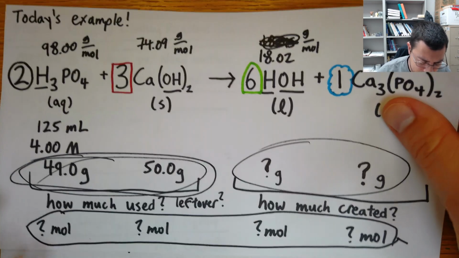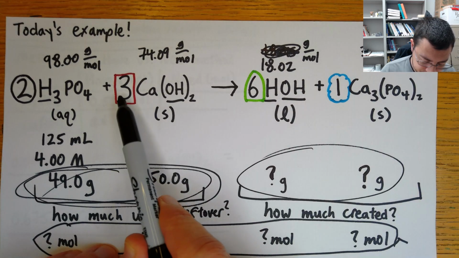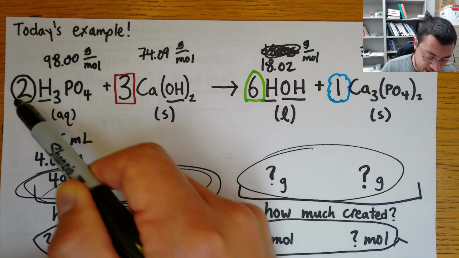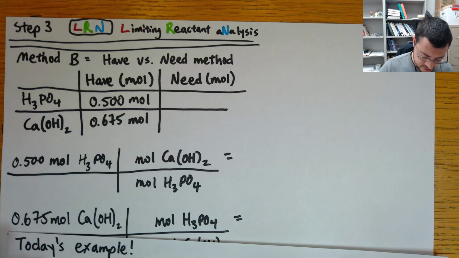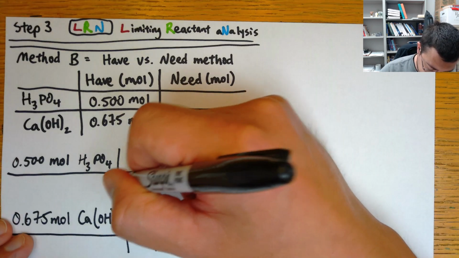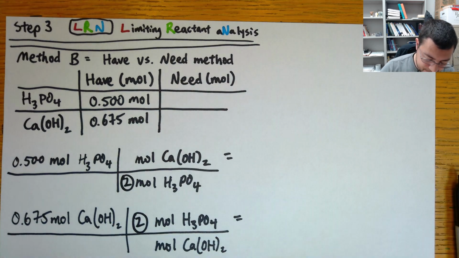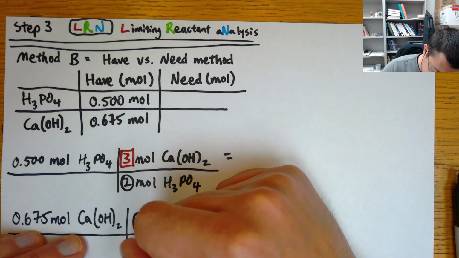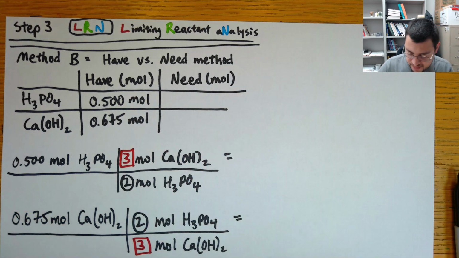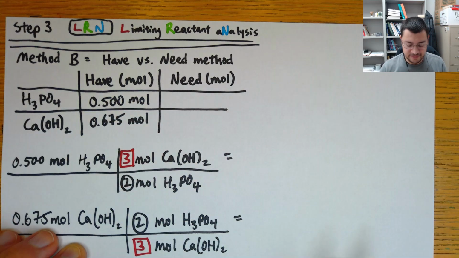We're just comparing between the reactants. We have a 2 in a black circle and a 3 in a red box. The 2 in the black circle goes to the phosphoric, and the 3 in the red box goes to the calcium hydroxide. One nice thing about this method is that you use the same coefficients twice. They're just flipped in the other example.